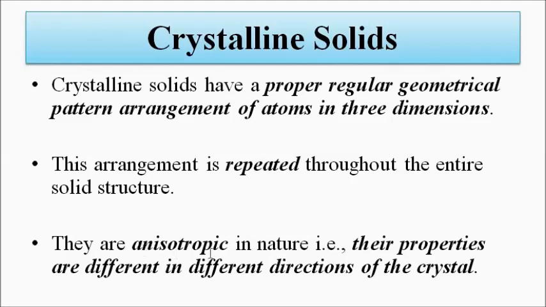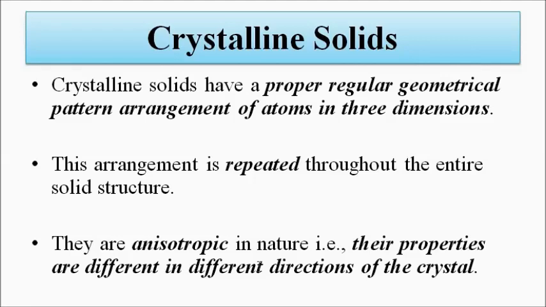It means their mechanical properties, electrical properties, optical properties, magnetic properties, the basic physical properties, are different in different directions. One point will behave in a particular way with respect to a particular feature. The other point will behave in a different way.